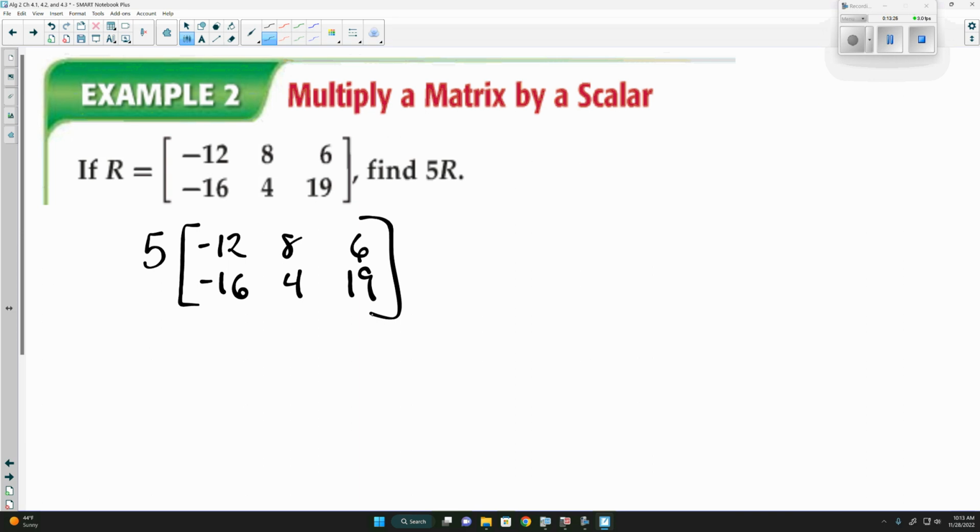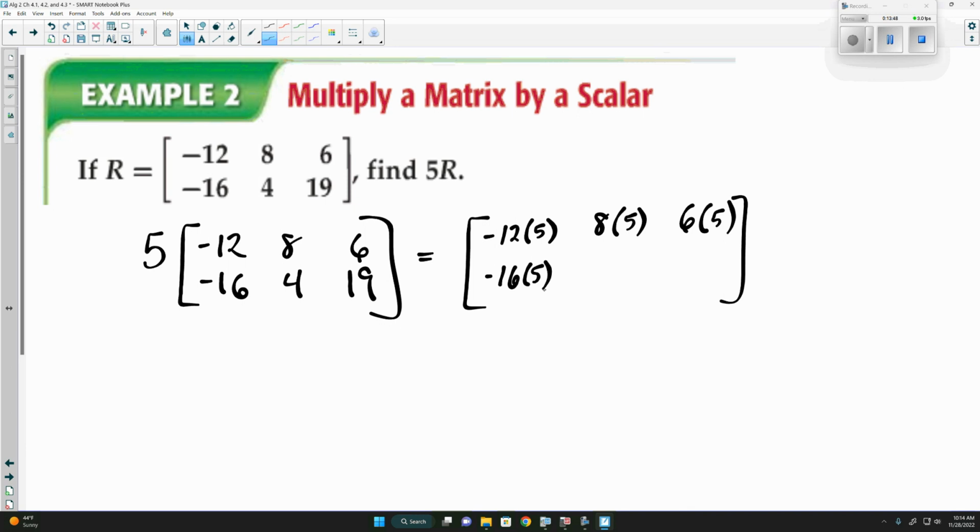Because if we say 5R, we're multiplying the entire matrix by 5. So what we're really saying is that we have negative 12 times 5, 8 times 5, 6 times 5, negative 16 times 5, 4 times 5, and 19 times 5.